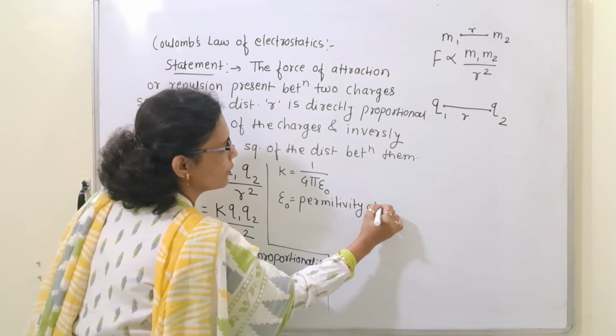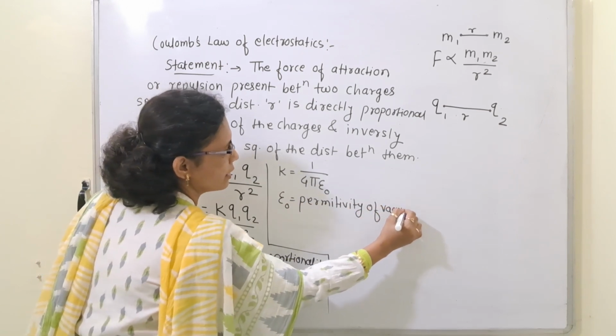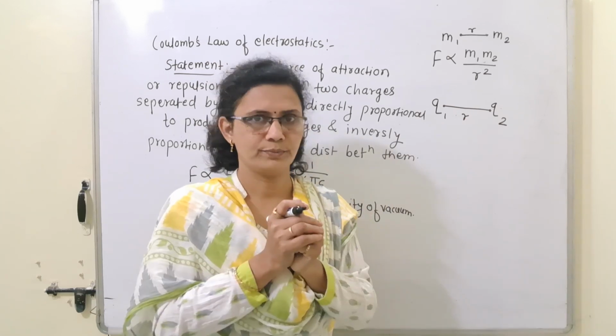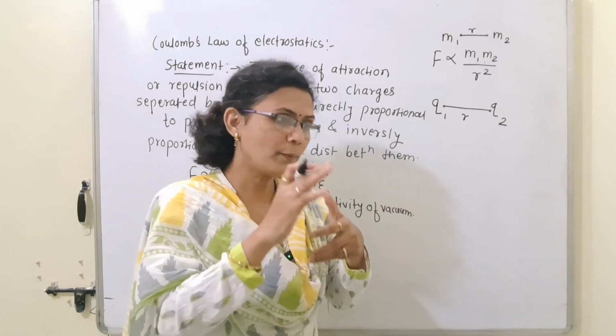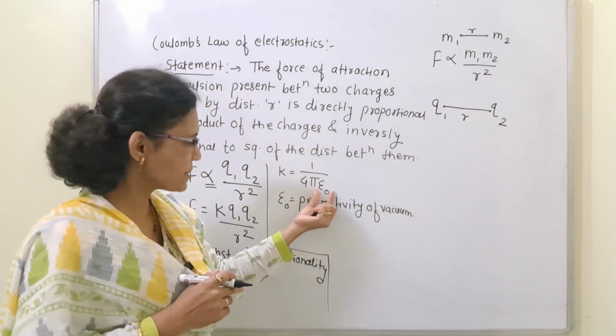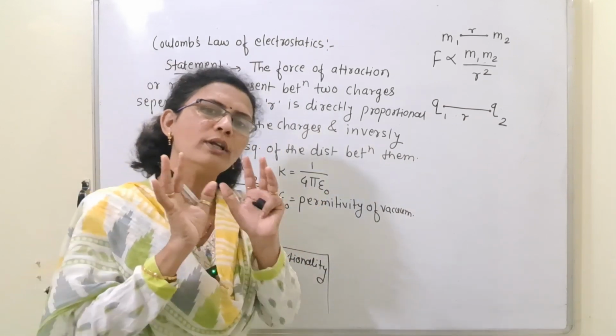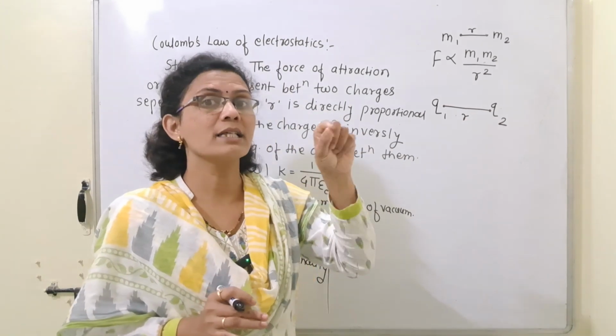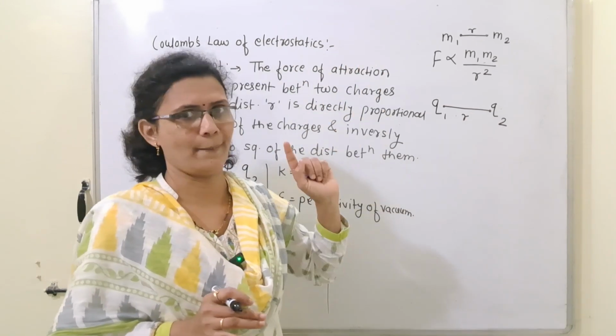We have considered here that the charges are placed in vacuum, so the medium is vacuum. If another medium is there, in place of epsilon naught we put epsilon, or epsilon m, that is the permittivity of that medium.